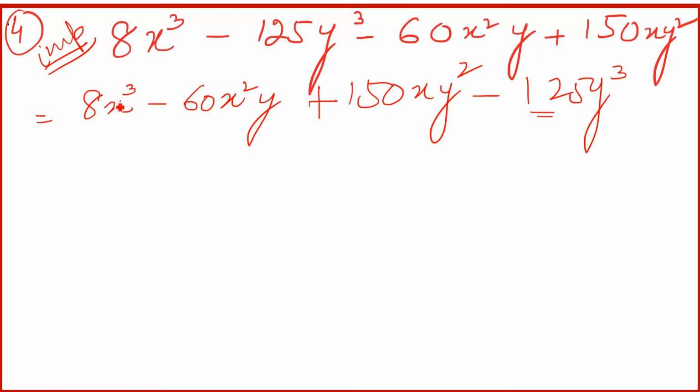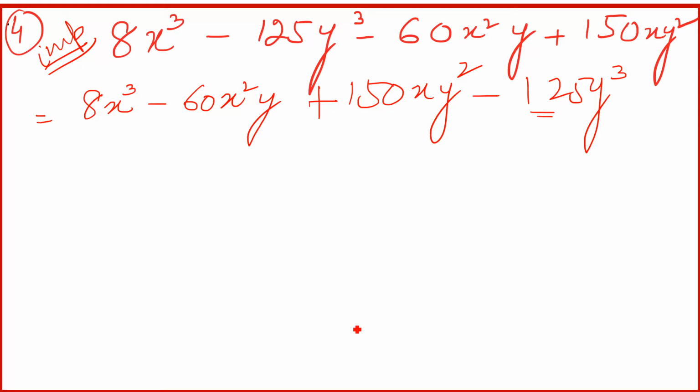And again, this is cube, x cube. Then you have to write down x squared. We cannot write down this y cube here because there is no x. It starts from x cube, then this is the descending order x squared, then x, then finished.